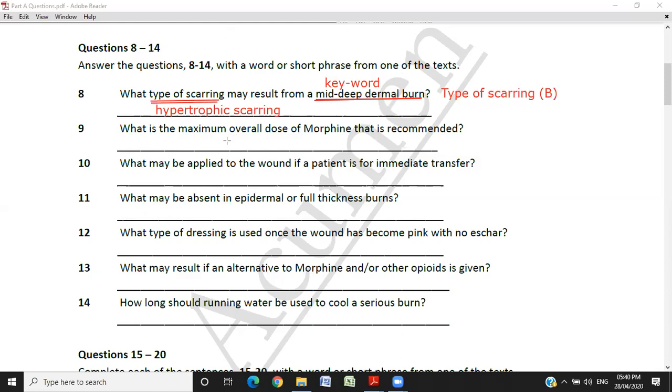Before that, I want you to do that. You have to find out one keyword and what type of information we have to find out. One keyword. So morphine is the keyword. Yes.